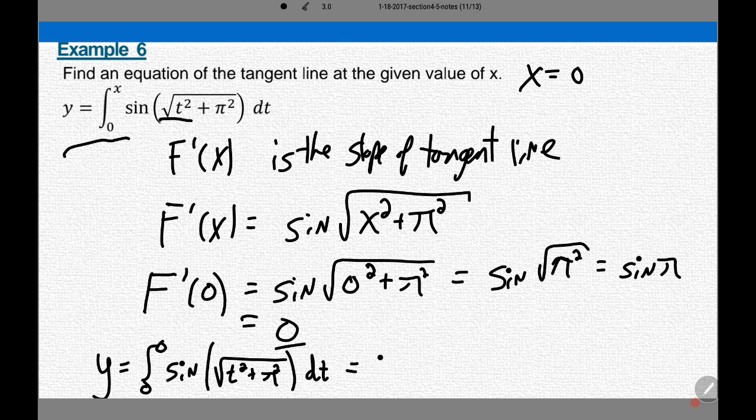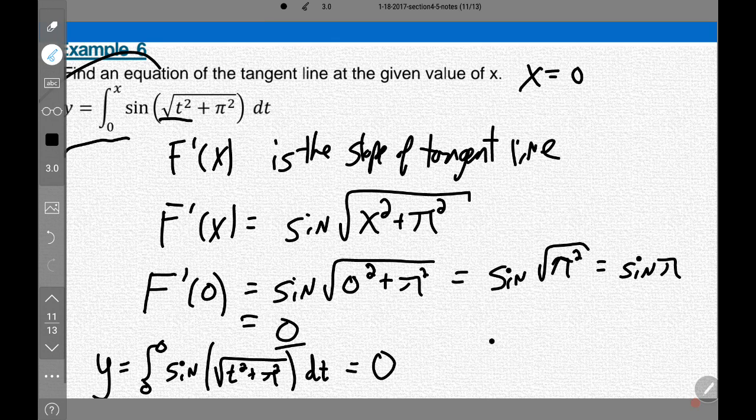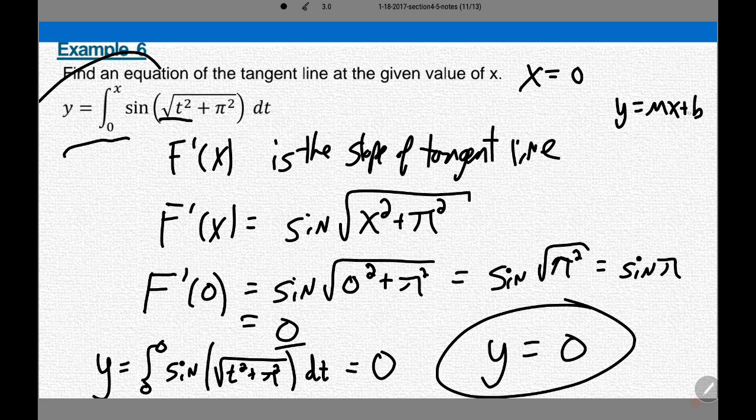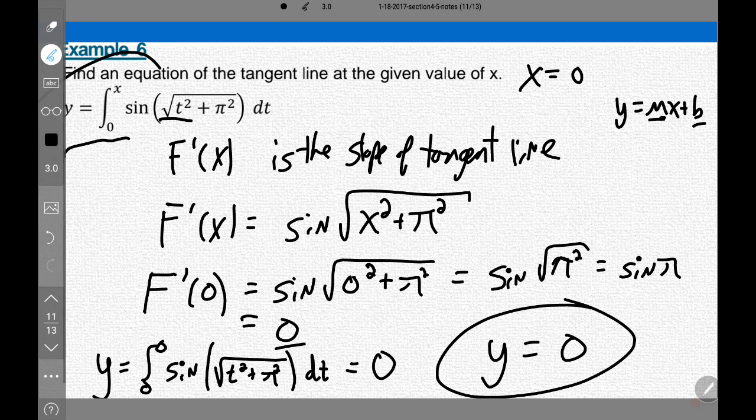You're right, the integral is going to equal 0. If the a and b match, that equals 0. So that means I'm going through 0 for my original function. My slope is 0, which means my tangent line is y equals 0. Tangent lines are always y equals mx plus b, and in this case, my m was 0, my b was 0. So that's the equation of my tangent line.